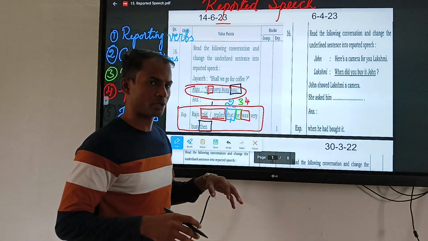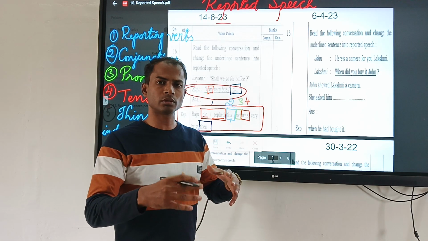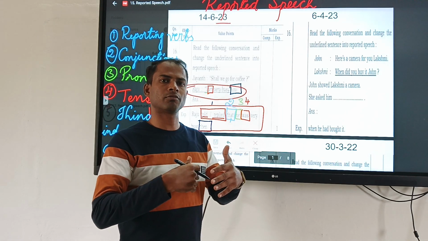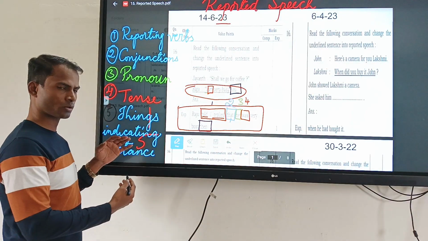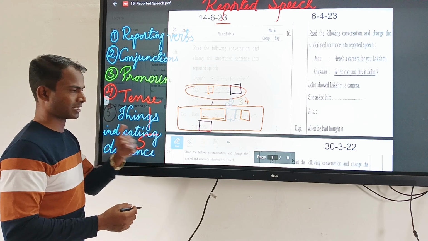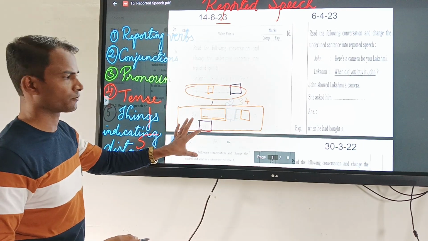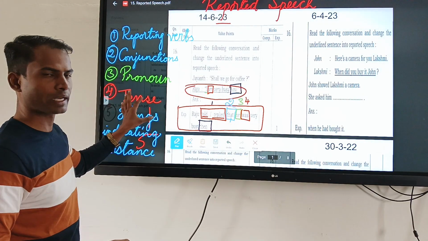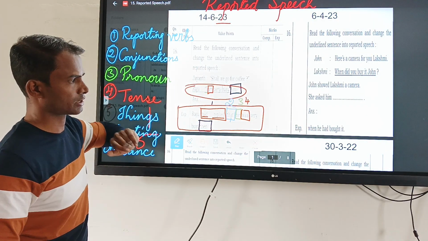Anything in direct speech which indicates nearness all changes into things of distance. There are so many words that you are supposed to learn. I will be introducing those words in the coming slides. So these are the basic changes any person has to make while changing a sentence from direct speech to indirect speech.